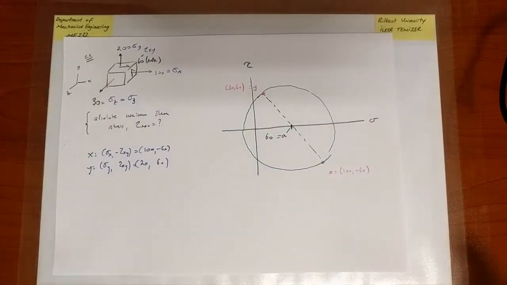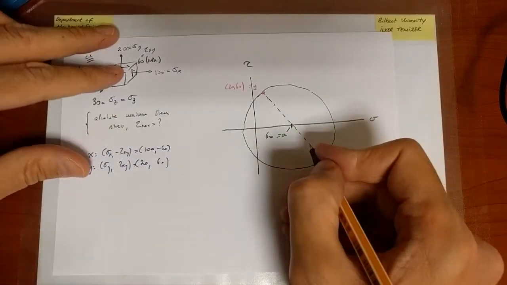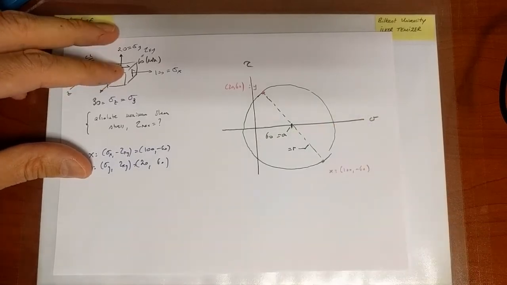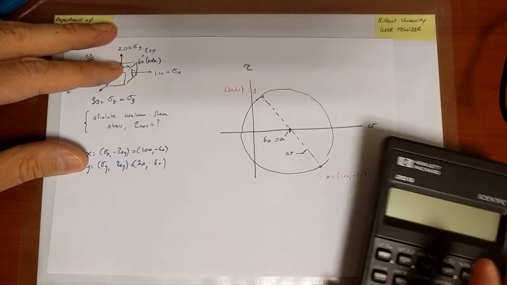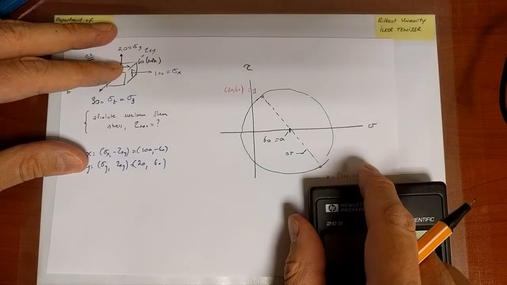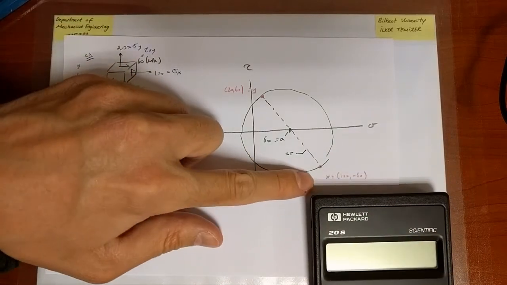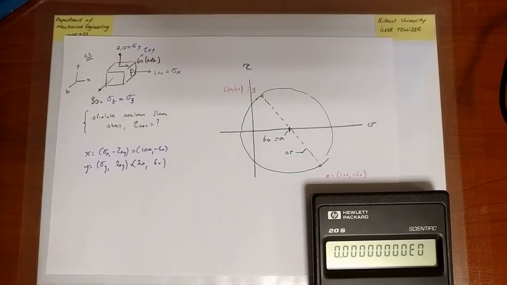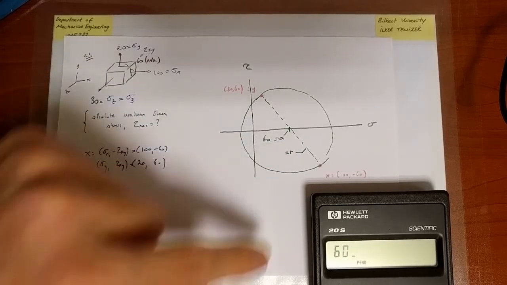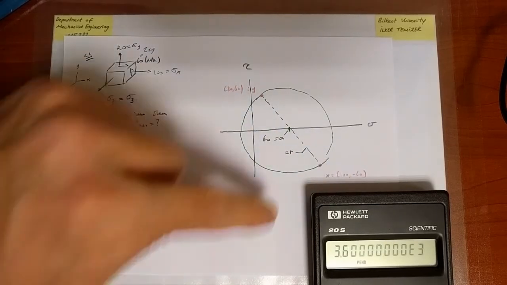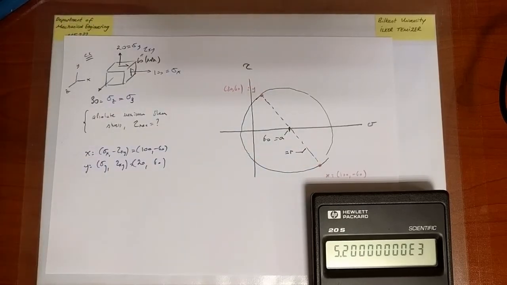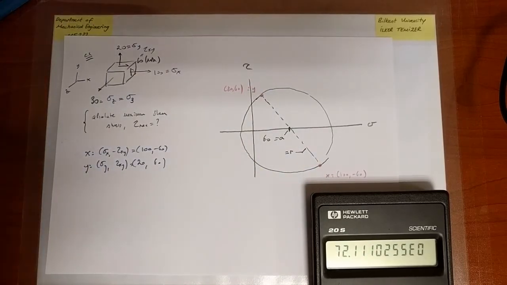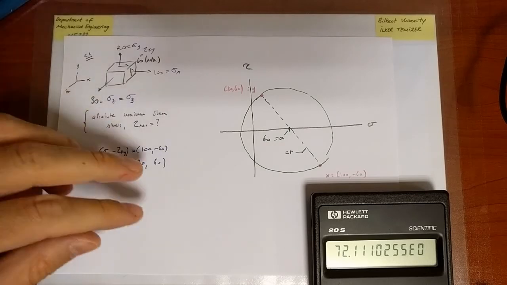So the radius is, say, 100 minus 60 is 40 squared, plus the shear stress 60 squared is the vertical distance, square root, which is approximately 72.1.